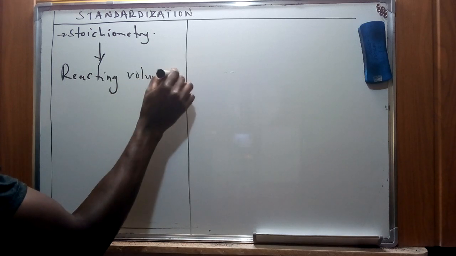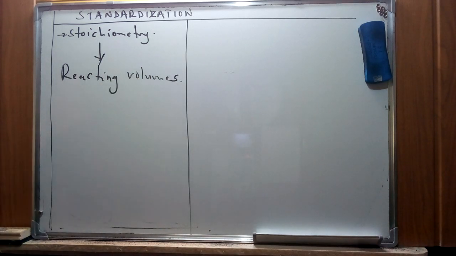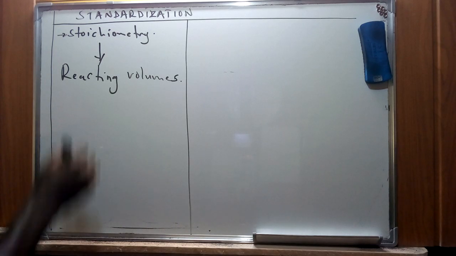And from this we're going to find the relationship between the concentrations and the volumes of the reactants and the products which are taking place. From this illustration, we're going to use the example of the reaction between sodium hydroxide and HCl, which is an acid-base reaction, of course, to figure out how we can define this concept of standardization.